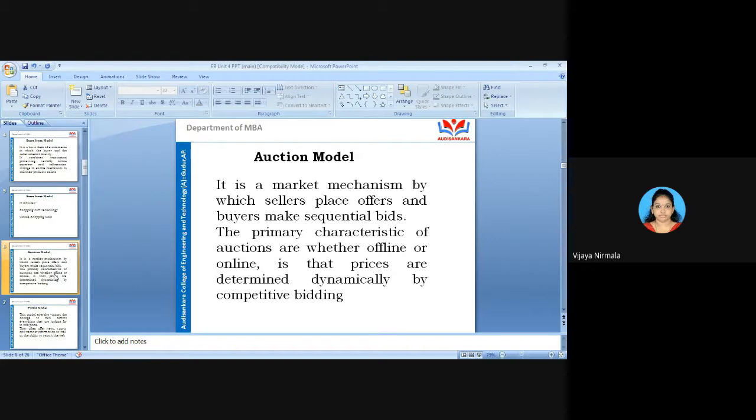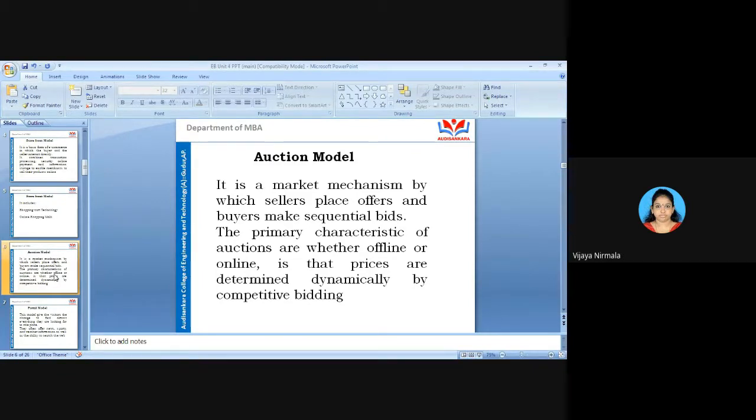Auctions have been an established method of commerce for generations, and they are well suited to deal with products and services in which the conventional market channels are ineffective or inefficient.